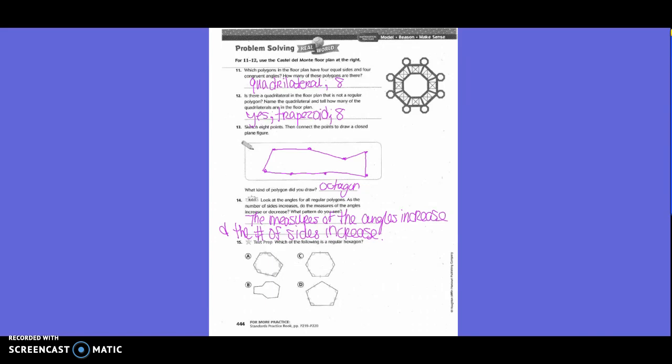Number 15, which of the following is a regular hexagon? So how many sides does a hexagon have, guys? 6. So which one can we automatically get rid of? Letter D, right?